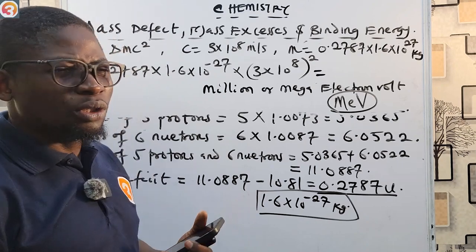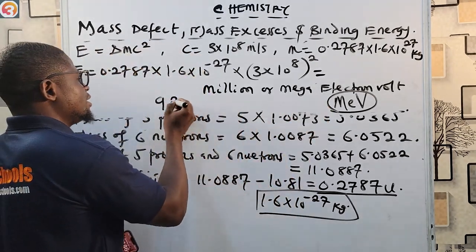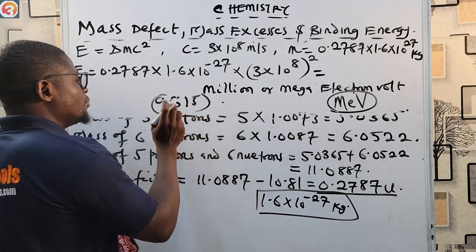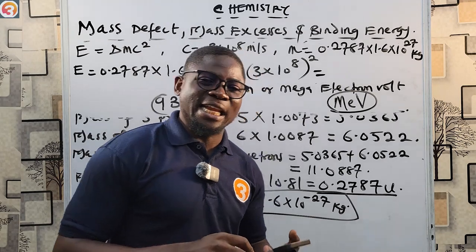What we simply do is to multiply the value that you get by 931.5. Once you multiply by this factor, you are going to have the answer in mega electron volts.